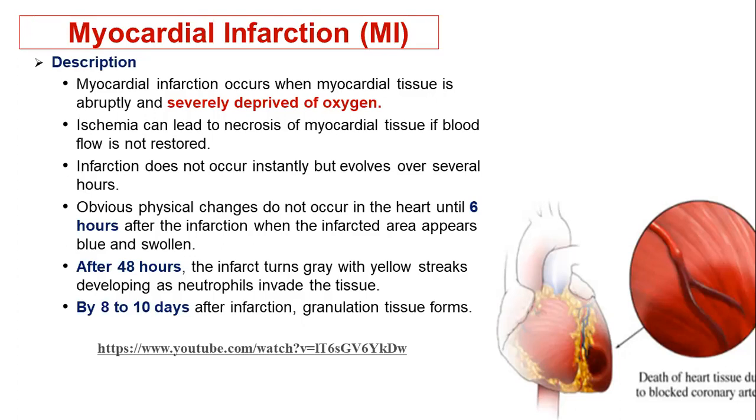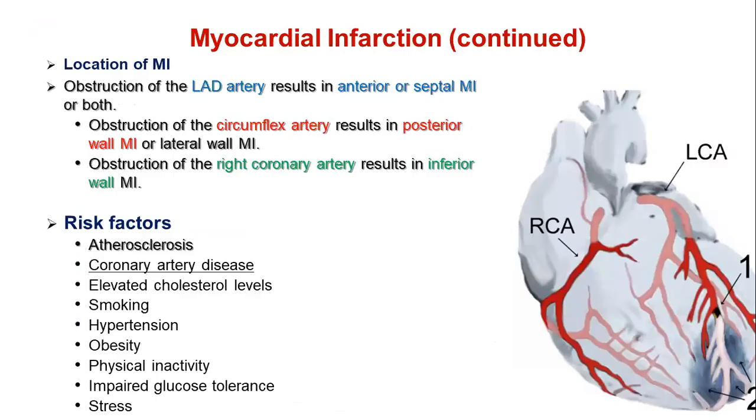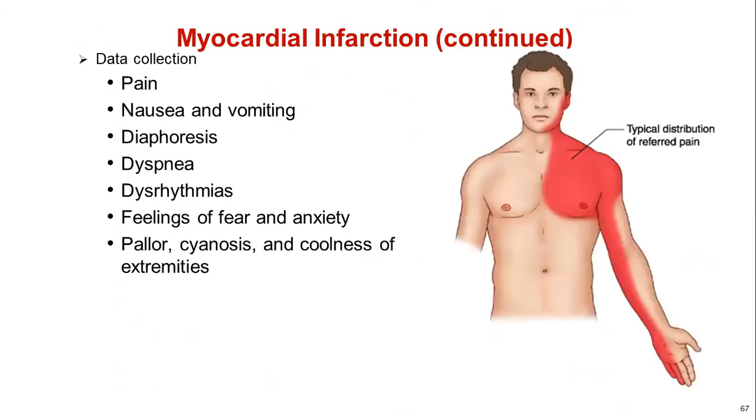In this pain, substernally, just behind the sternum, the pain is sudden, like crushing pain, and radiates to the jaw, shoulder and back. So in this picture, you can see the pain radiates to the left jaw, left shoulder, left arm, and even back.